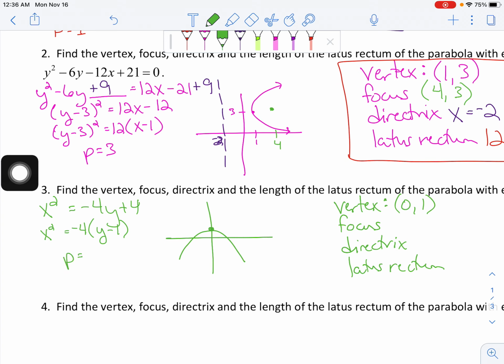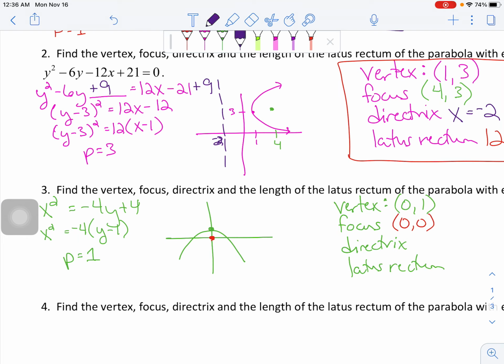Let's see, focal distance here. I want the absolute value of negative 4. So 4 divided by 4 is just going to be 1. All right, so let's see what we've got here. That's going to put my focal point 1 unit below the vertex. Well, that means the focus is 0, 0. That's the origin, okay?